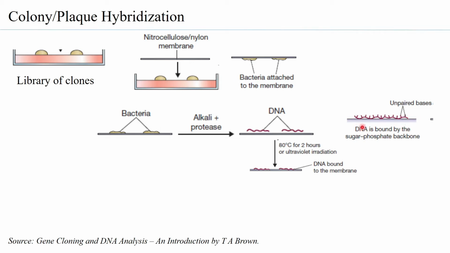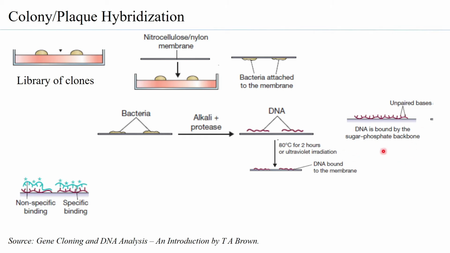So the sugar phosphate will interact with the positively charged nitrocellulose or nylon membrane. So both nitrocellulose and nylon membrane are positively charged. And we know that the sugar phosphate backbone is negatively charged. So you will have the negative and the positive charges come close to each other. And because of the baking, this is going to be a strong interaction, and that is what is called cross-link.